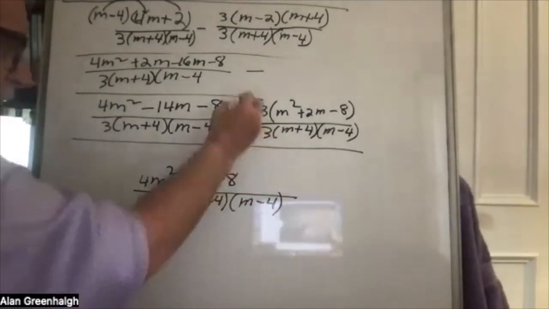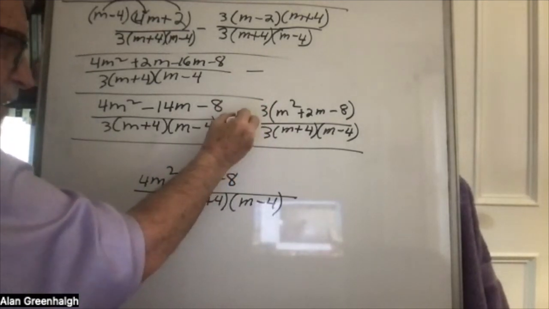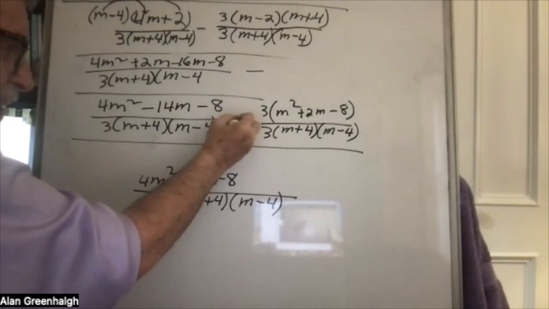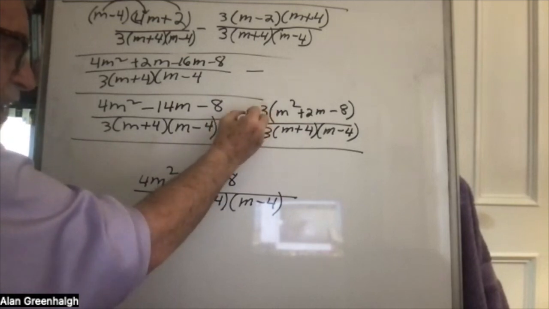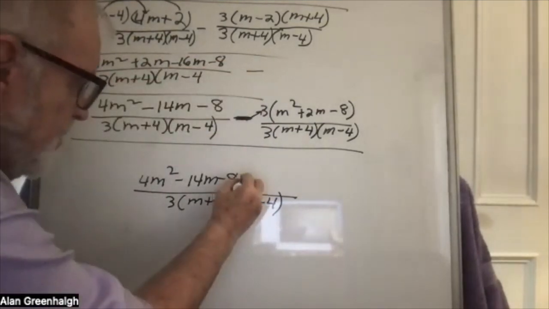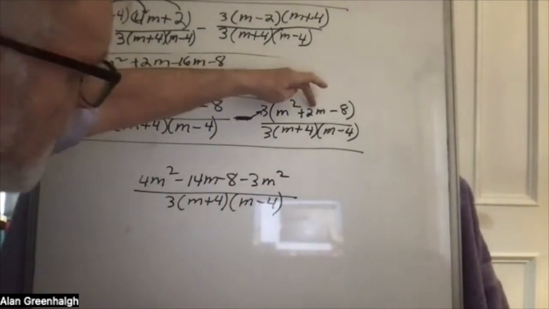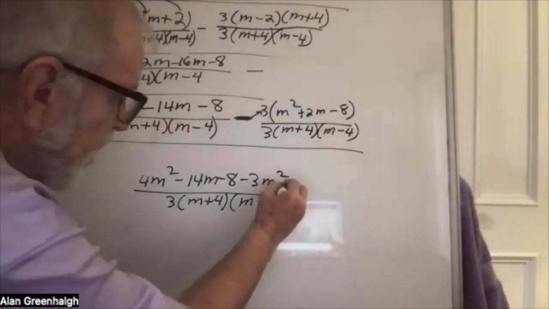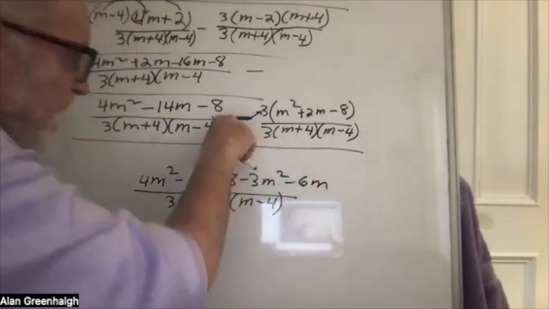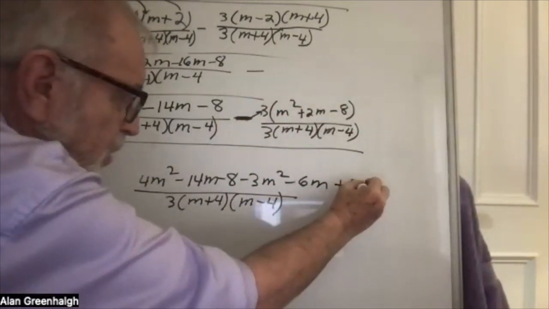Okay, so anyway, let's make this negative here with the 3. So this is going to go with the 3. So negative 3 times m squared, negative 3 times positive 2m, and negative 3 times negative 8 is positive 24.